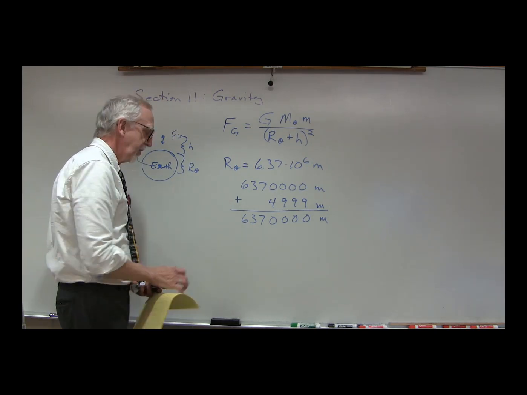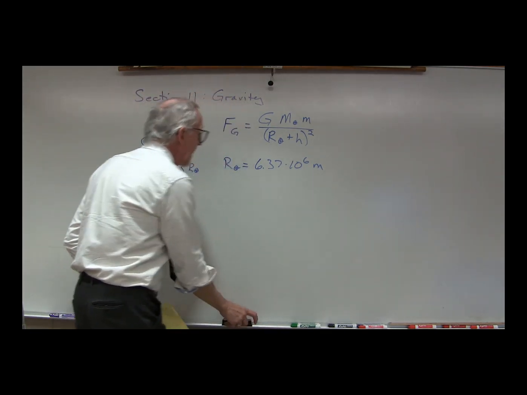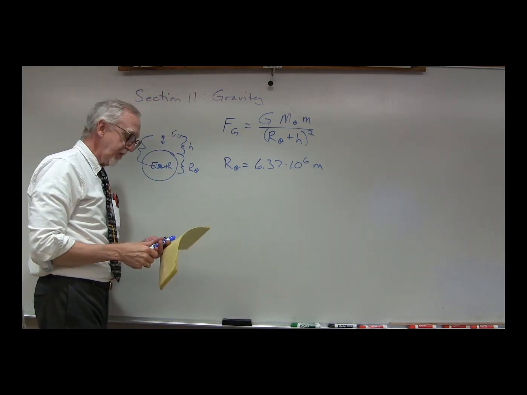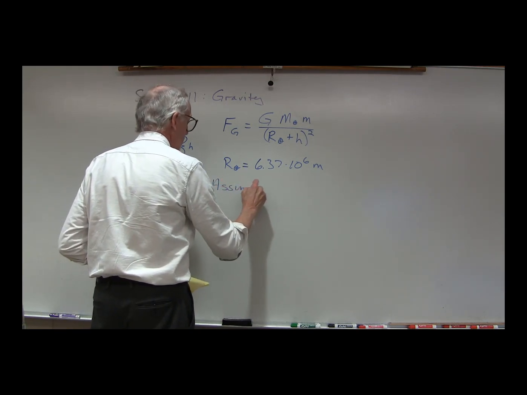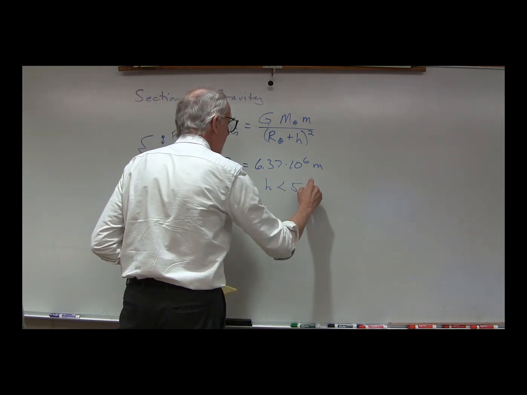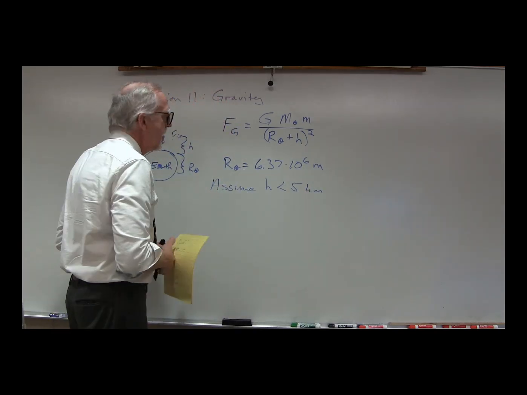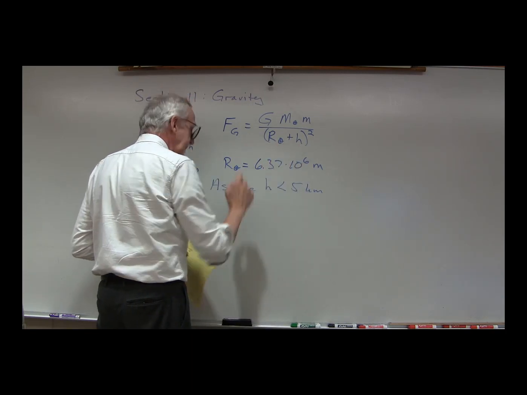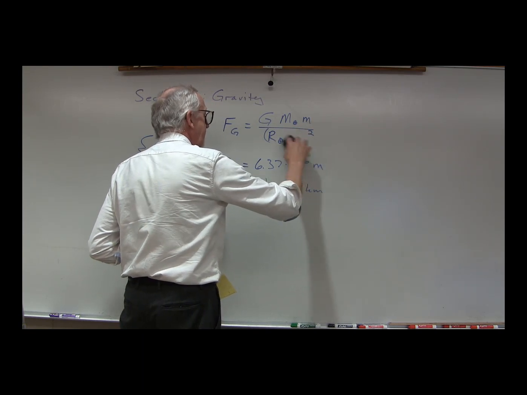All right, so let's just make the assumption that we are going to look at objects closer to the Earth's surface than 5 kilometers. Okay, so let's assume h is less than 5 kilometers. Remember, that's a very rough estimate. In that case, our radius of the Earth plus h is really just the radius of the Earth, and we could kind of ignore that part.